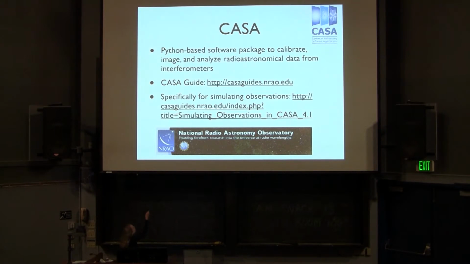This is a Python-based package, and it's basically made, as I said, by observers for observers. There's a very large CASA guide on how to use it. And personally, I think most of the difficulties in using it are not related to the complexity of the software or the program itself so much as the complexity of interferometry. So if you understand interferometry, I think this is a really easy package to use.